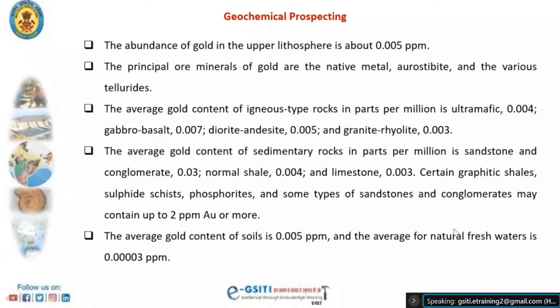As we have said about the quartz carbonate veins, these are the places where you will get about 1 ppm, or about 1 gram per ton of gold. So the quartz veins are more targeted here. Then we also have the host rock, which would also have a little gold in it.